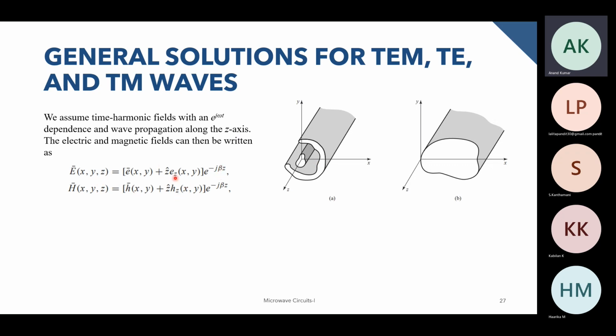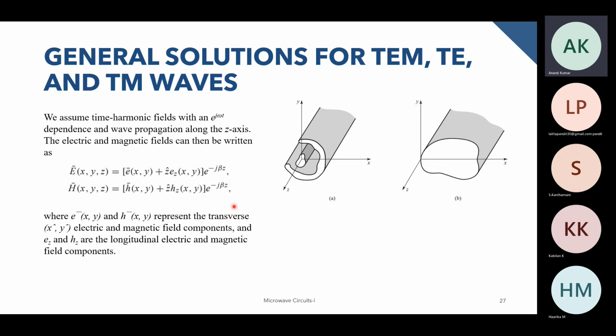Ez and Hz are the longitudinal components, and E bar and H bar are the transverse components. The e power minus j beta z denotes that the wave is propagating in the positive z direction. So this is how we are writing the field. Need not worry, this is just a way of writing.